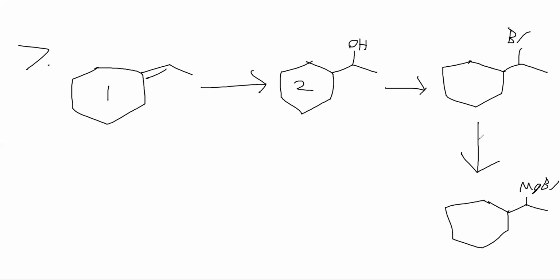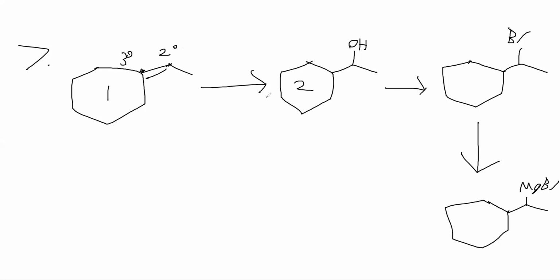What Jared suggested with oxymercuration leads to the Markovnikov alcohol. And if we look at this double bond, this position is tertiary or tri-substituted, and this one is secondary. We want to add it to the secondary position, so we want the anti-Markovnikov.